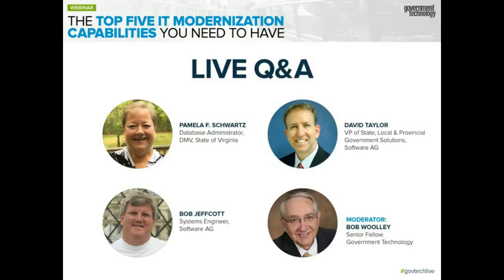Another one for Bob Jeffcott. In state government and county government, we tend to do a pretty good job identifying user and functional requirements, but we don't always remember the quality attributes. How does doing a major modernization upgrade impact quality attributes or the customer experience? Well, as we talked about with the service enablement, you understand which of those business functionalities is the most important to wrap and expose out.